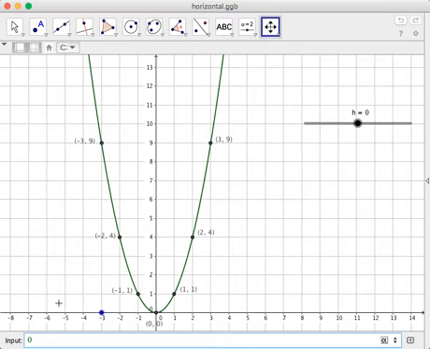Tapos negative 2, 1. Tapos negative 1, 4. Tapos 0, 9. Okay?